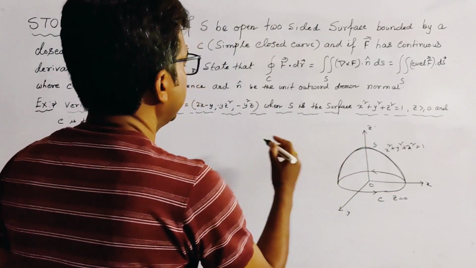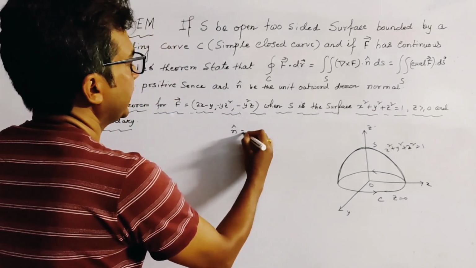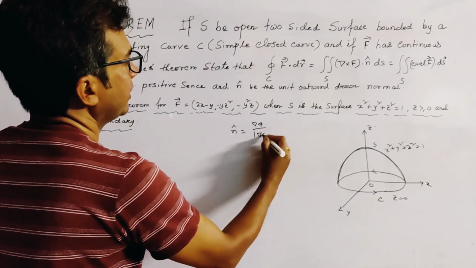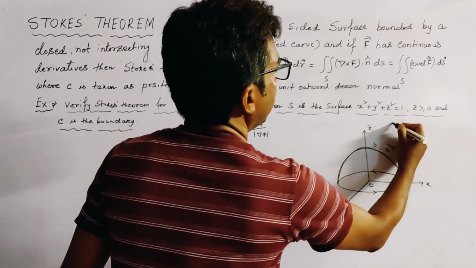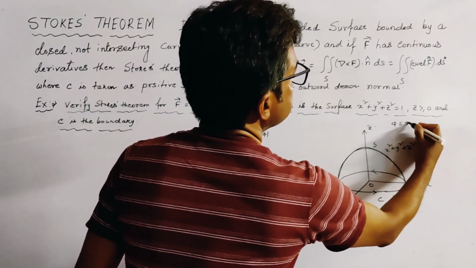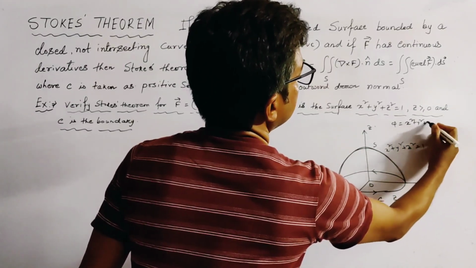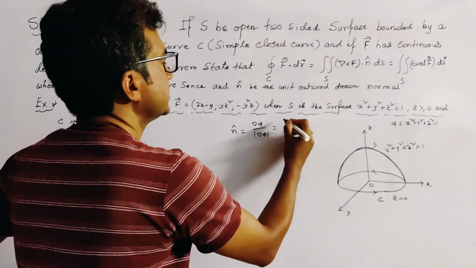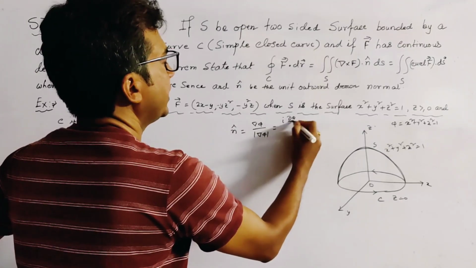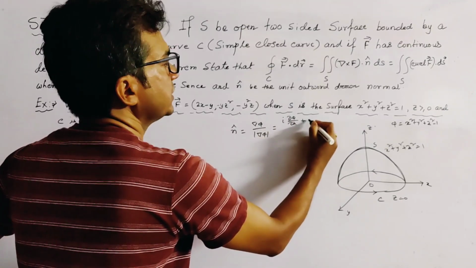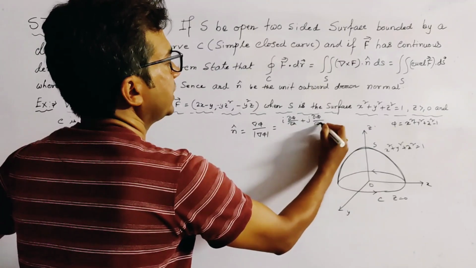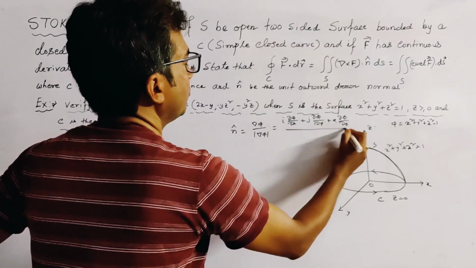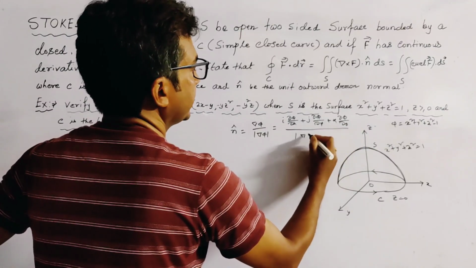Now we first find n cap. n cap means grad phi by mod grad phi, where phi is the given surface x squared plus y squared plus z squared minus 1. So grad phi is i del phi by del x plus j del phi by del y plus k del phi by del z, divided by mod grad phi.